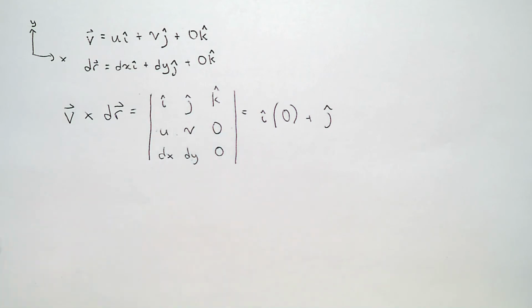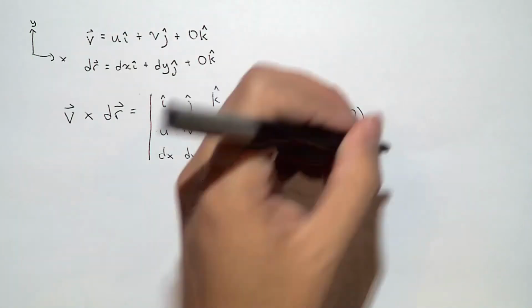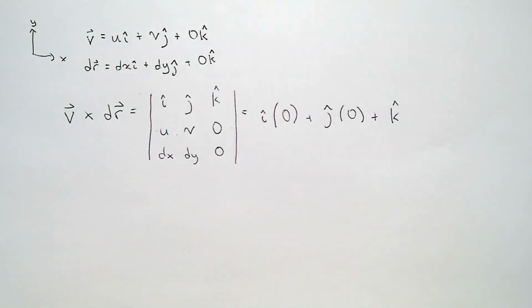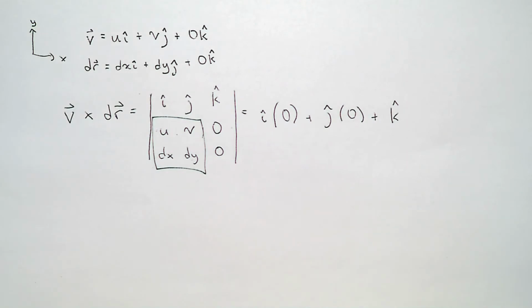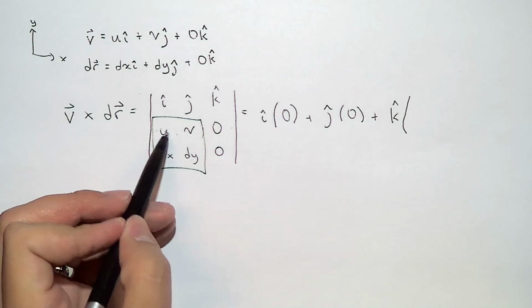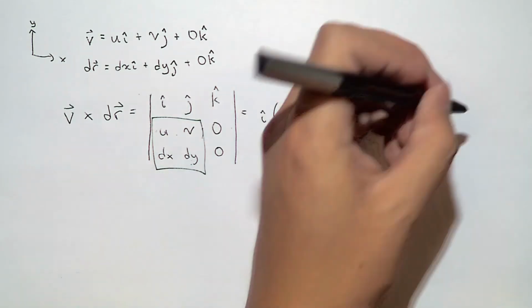How much is that? Still 0. And finally, we're going to have our k vector. If you remember, our k vector will include these 4 terms. So we'll have our k vector times u dy minus v dx.